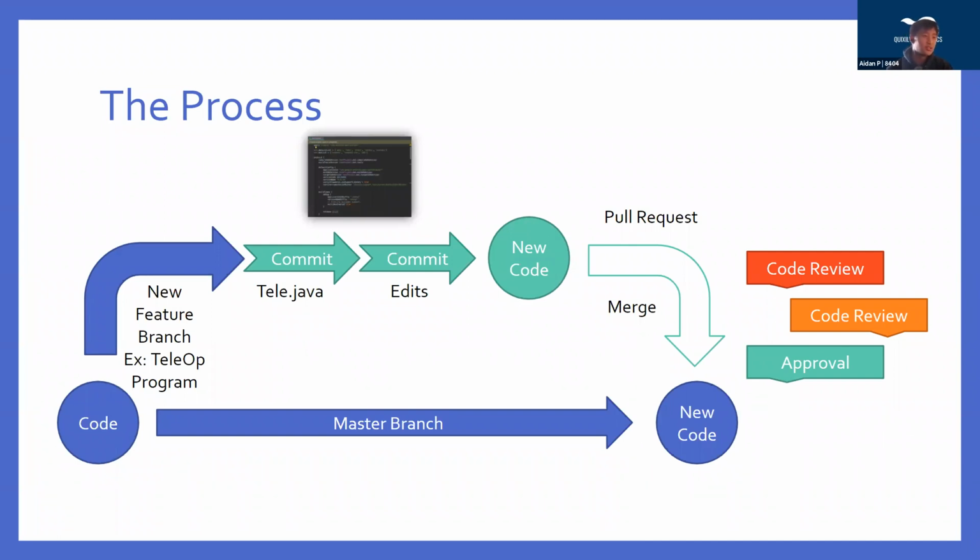You make a couple of commits and finally get to a product that you think works and you're happy with. You can submit a pull request, which lets your team know and opens up a discussion to make sure that your code will actually work with the master branch, so there are no conflicts and no errors. Once you get approval, your branch will merge with the master branch. And if it works, it'll save to the master branch.